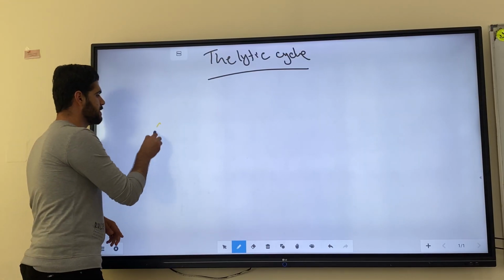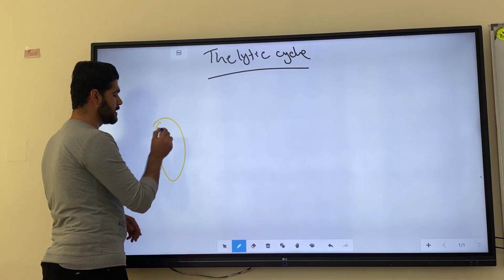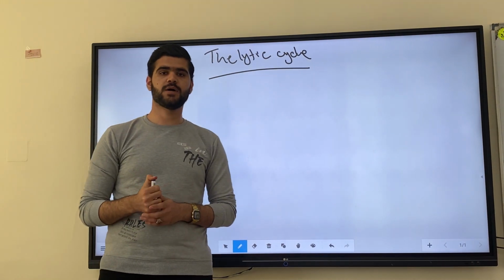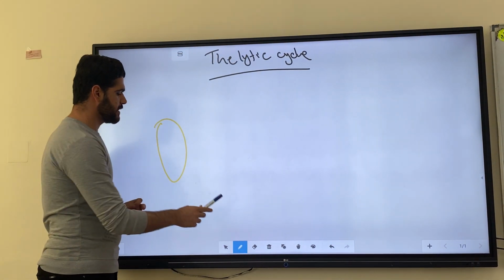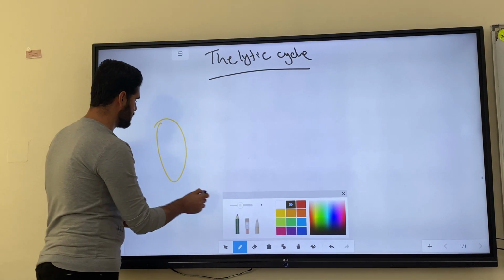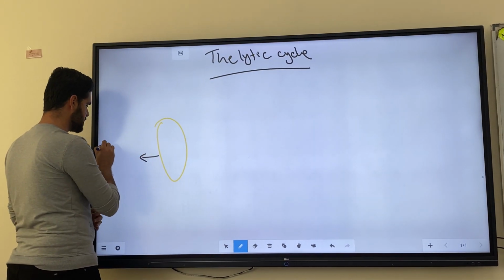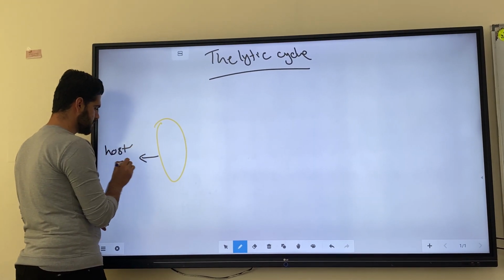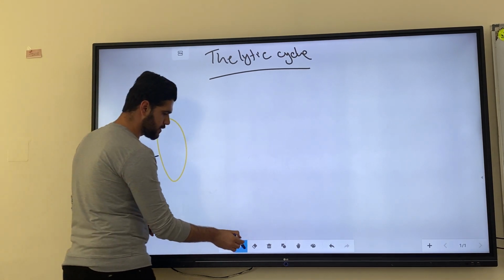First of all, the virus has to attach to a host cell. This is called the attachment step. This is our host cell. Let's draw our virus as well.